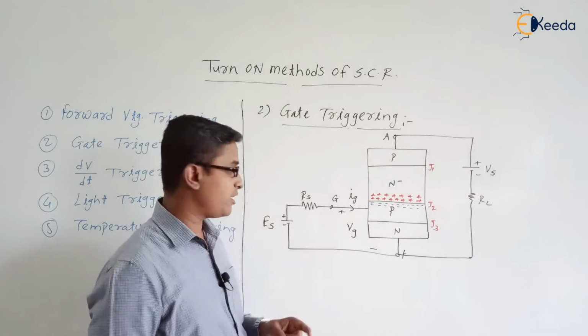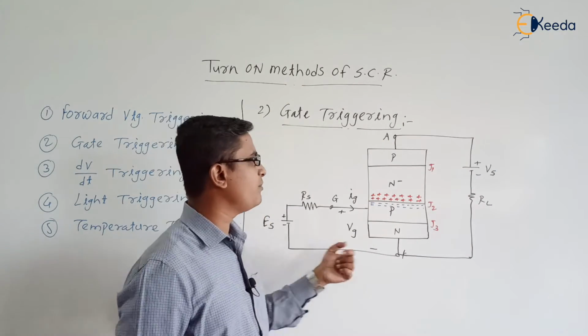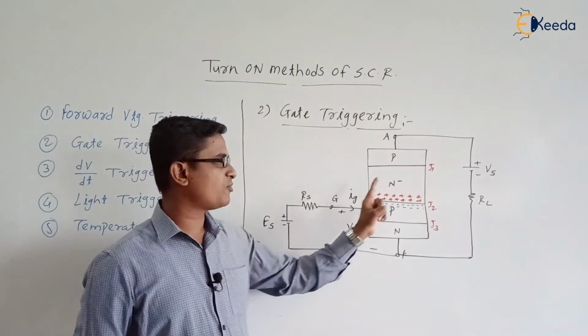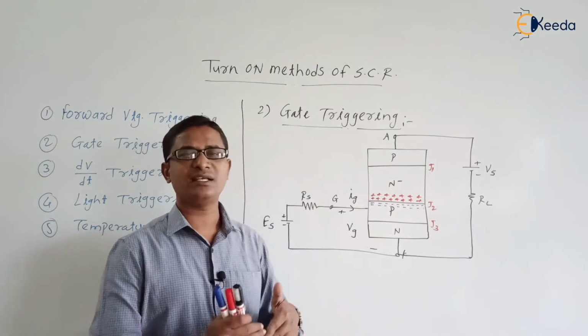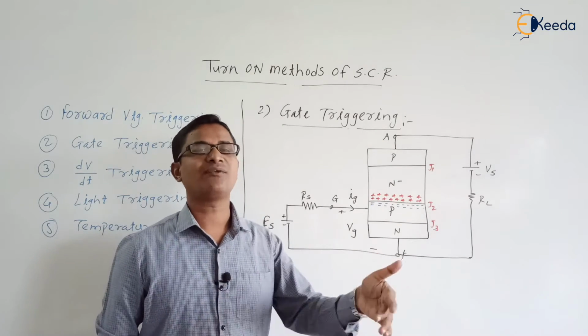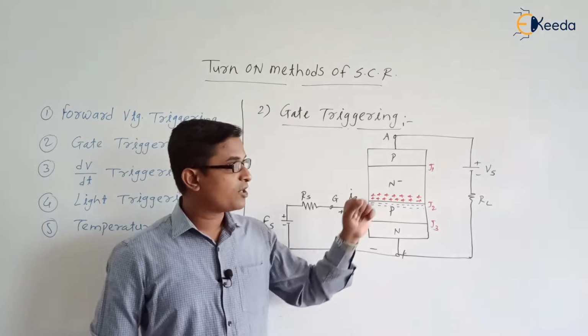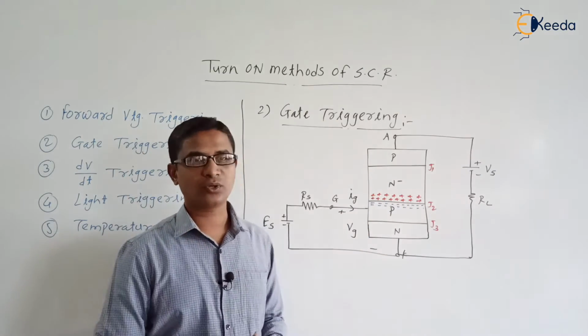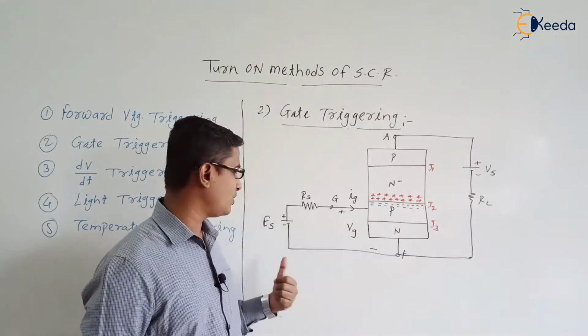Please be careful: the value of ES will be very small compared to that of VS. ES is generally in the range of 8 volt to 20 volt or 15 volt, but VS is a high voltage, around 200 volt. So this voltage is very high, and this voltage is very low.